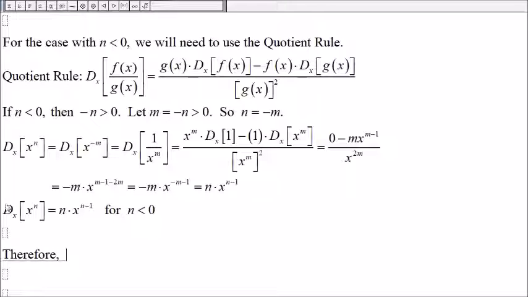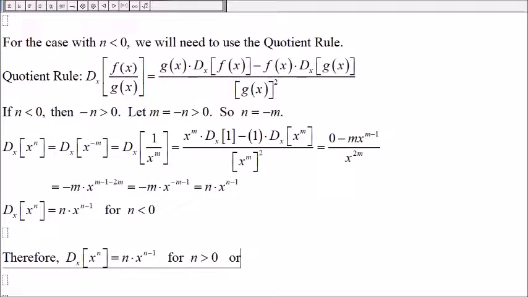And therefore the derivative is equal to n times x to the n minus 1 for n greater than 0 or n less than 0.